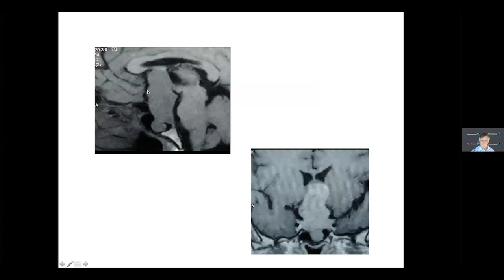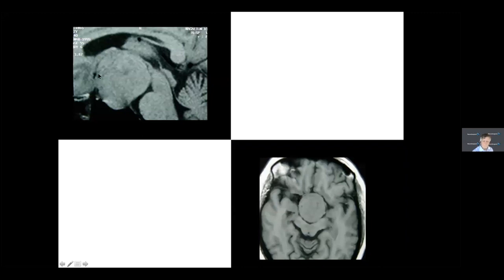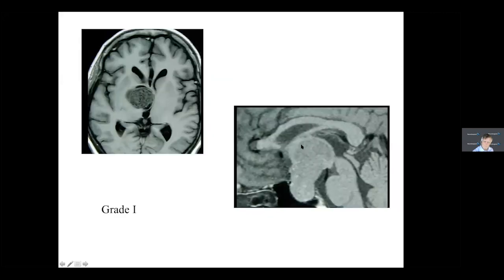You see the dura is intact, the diaphragm is intact, the tumor is not going into the cavernous sinus. When it goes into the cavernous sinus, it encases the internal carotid artery completely. Here in this case, it is in proximity to the carotid artery, but it is not entering into it. So you see this beautiful tumor where the diaphragm is completely intact. And this is another tumor where the diaphragm is completely intact.